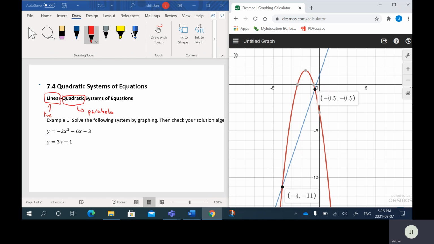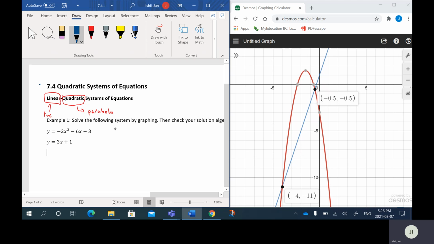So the solutions are (-4, -11) and (-0.5, -0.5).